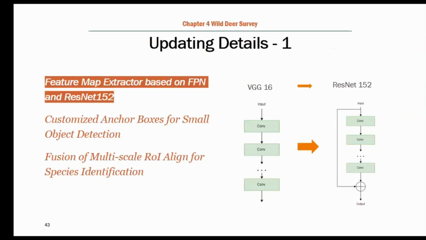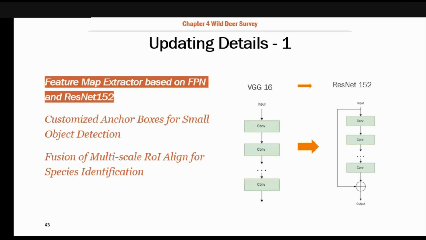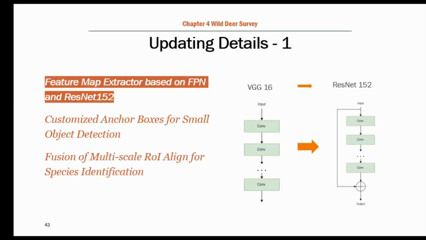VGG16 is used in the original Faster R-CNN for the feature extraction. In VGG16, the 16 means this model has 16 convolution neural layers. So for the first update, I use ResNets 152. ResNets 152 means this model has 152 convolution neural layers.